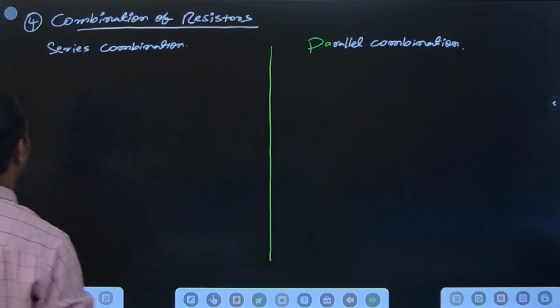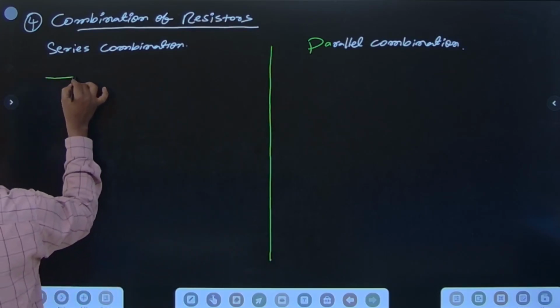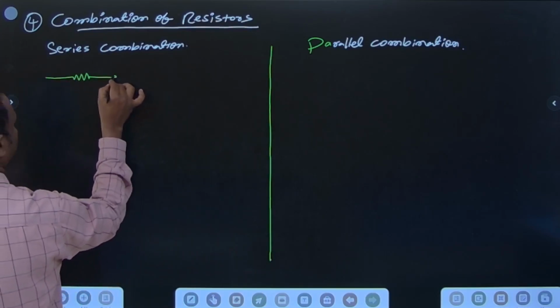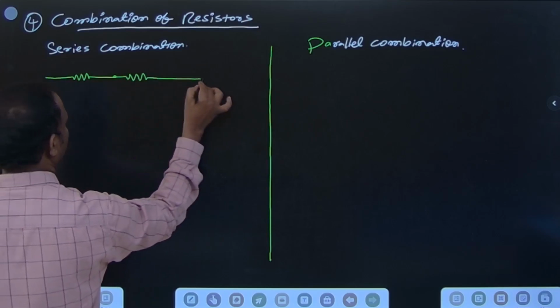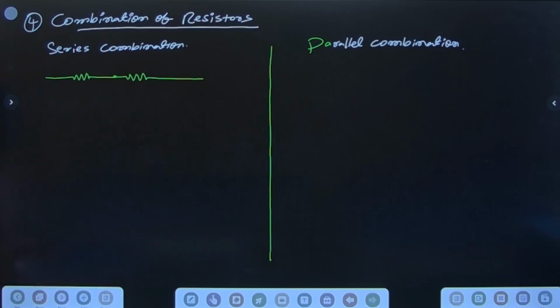For series combination, resistors are connected in an end-to-end connection, so you can choose two or more resistors.